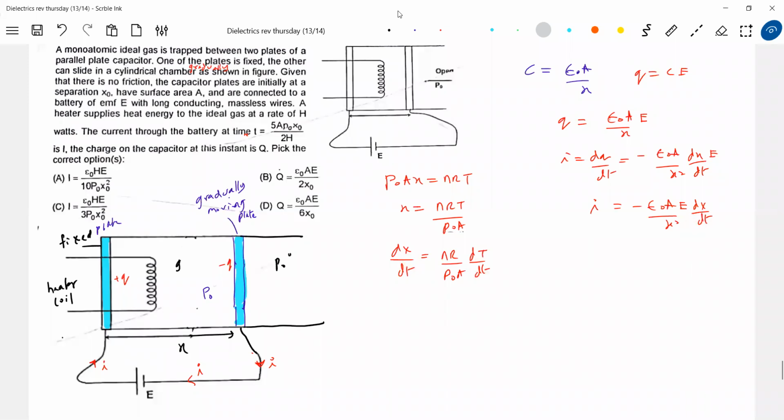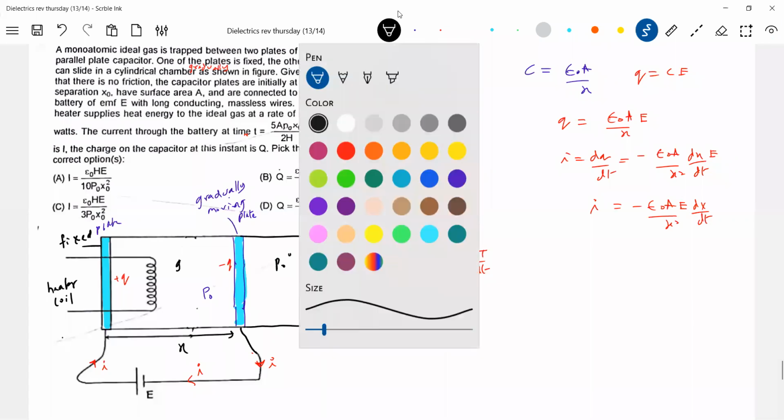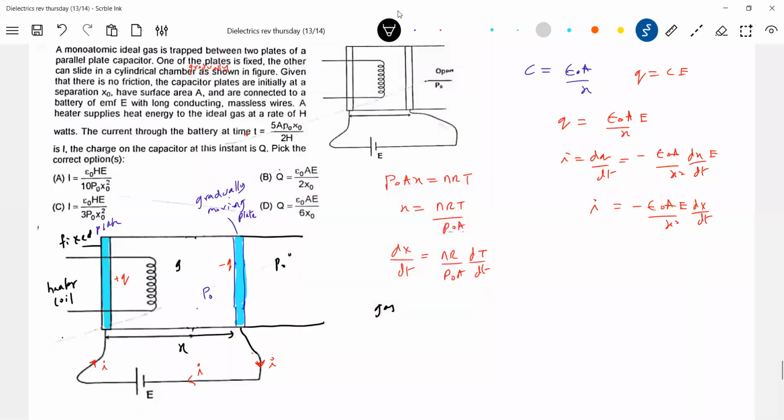Shall I interlink things? As the gas undergoes an isobaric process, dQ, not charge, should be equal to nCp dT.